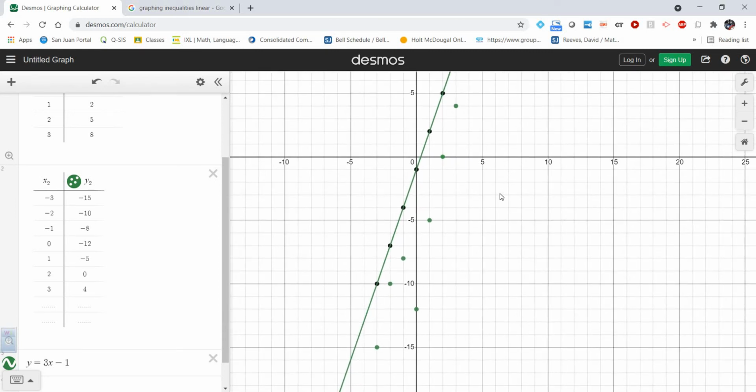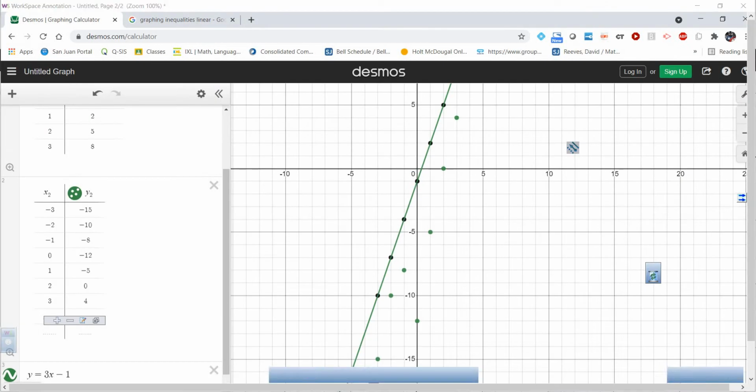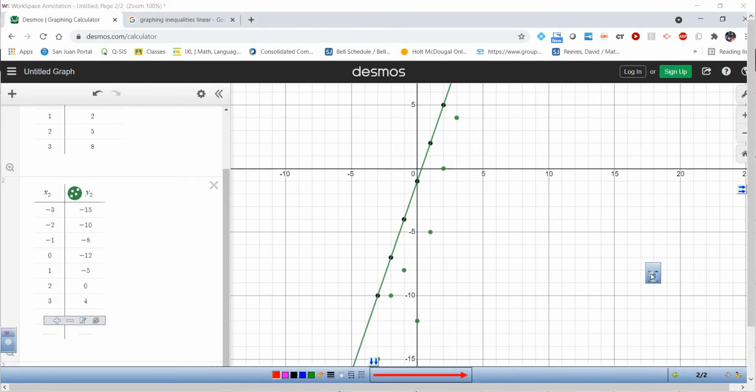You will notice, where are they compared to the line? Let me pull up my points right here. My original point is on the line, and my new point, let's take a look. This value right here is 2. There's the point where it's equal, and there's the point where it's less.